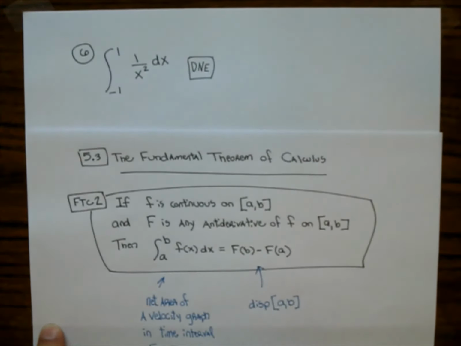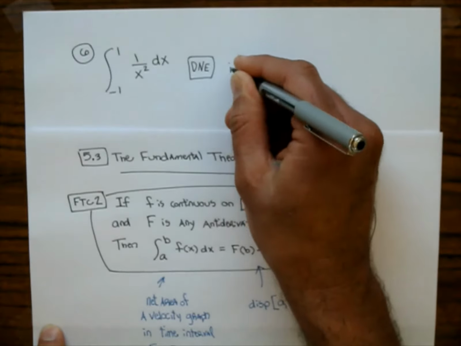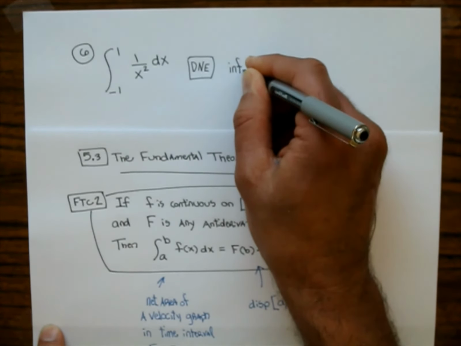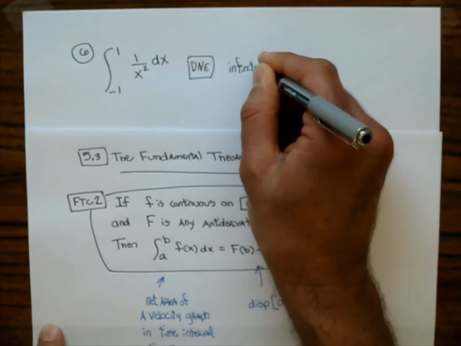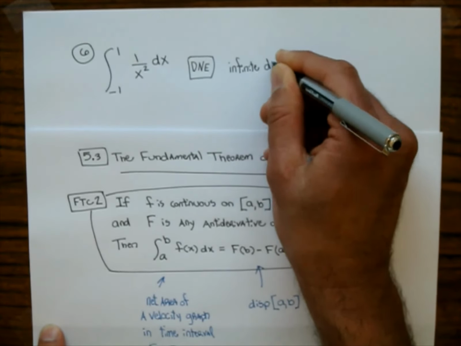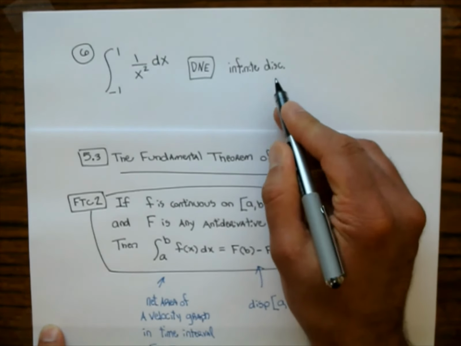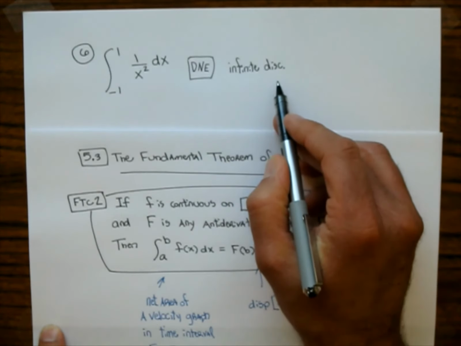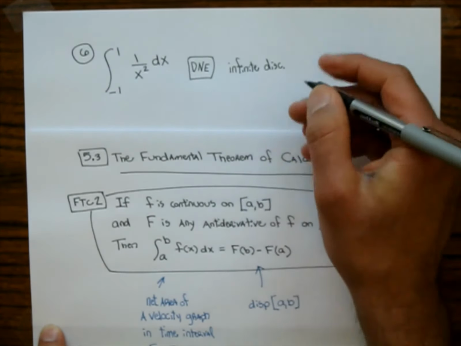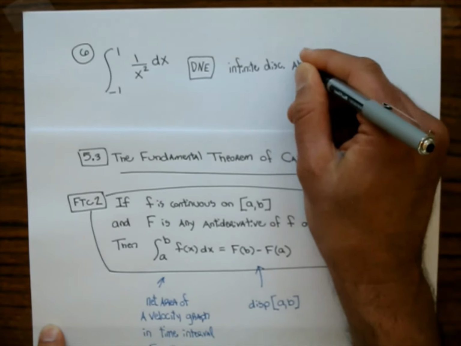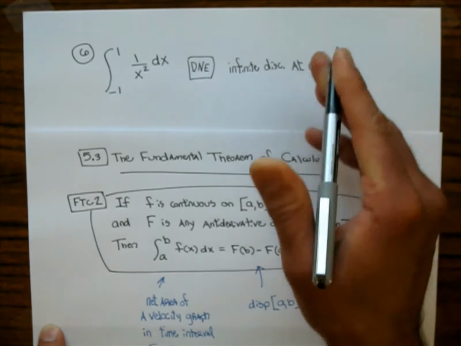Okay, now we'll deal with things like this perhaps in the next calculus class. And I'll write why. This is an infinite discontinuity at 0. And then we're done.